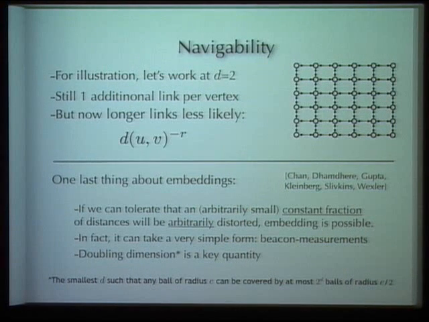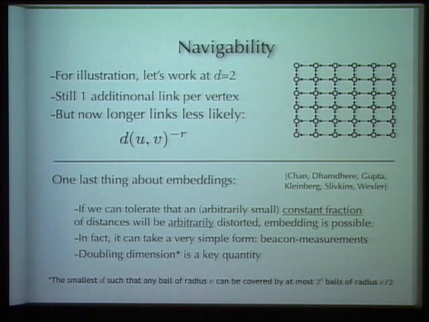Finally, I'd like to say one last thing about embeddings. And again, this is the union of a few papers. If we're willing to tolerate that there is a constant fraction of the distances that we're going to distort arbitrarily, then embedding is actually possible. Not only that, but it takes a particularly nice form.